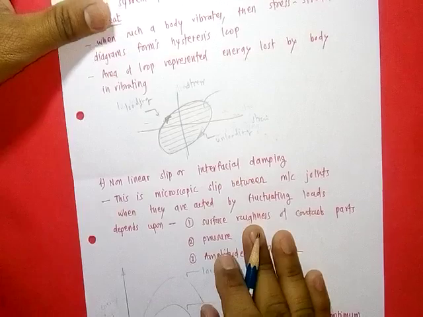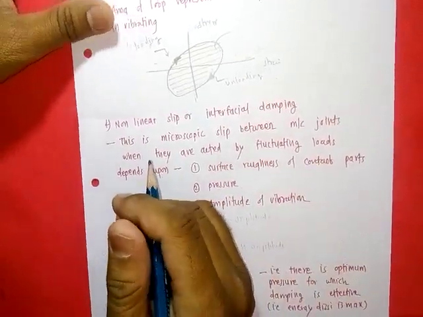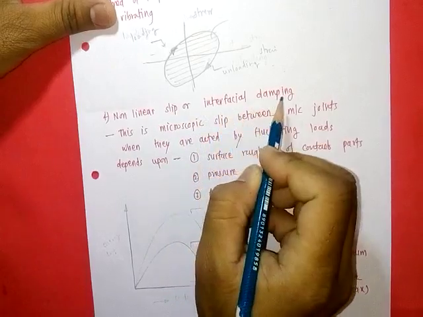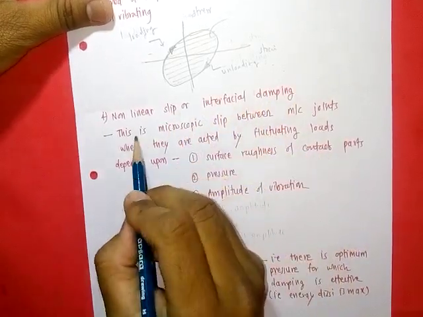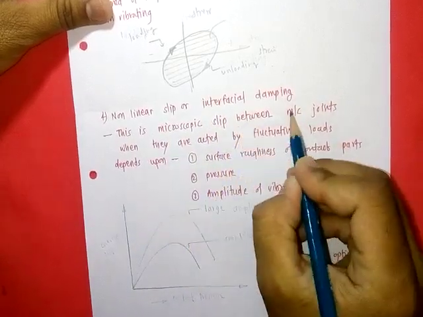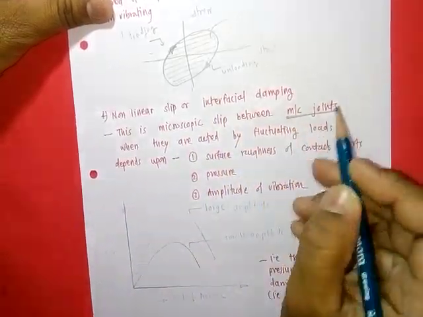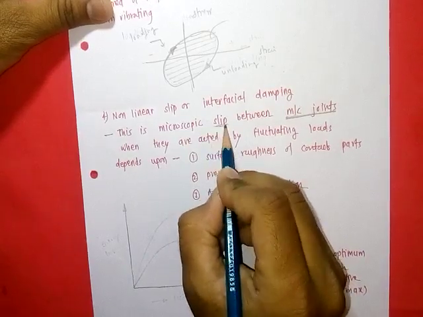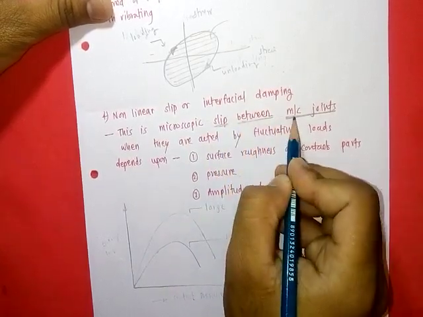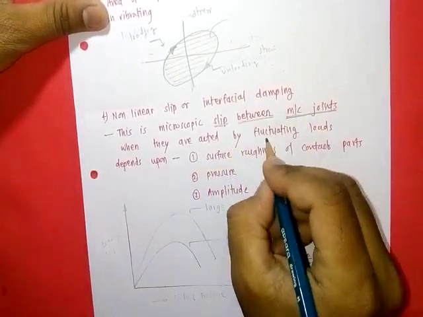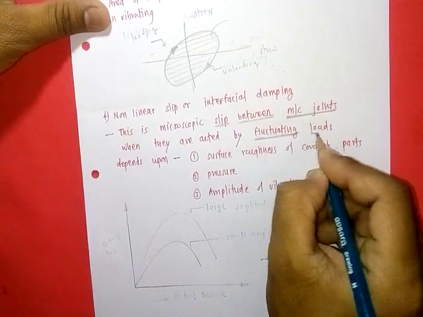Okay, then the next type of damping is non-linear slip or interfacial damping. This is again microscopic slip between machine joints. This damping is due to slip between machine joints when they are acted upon by fluctuating loads.